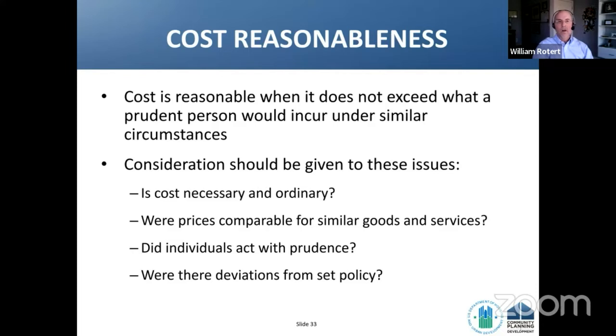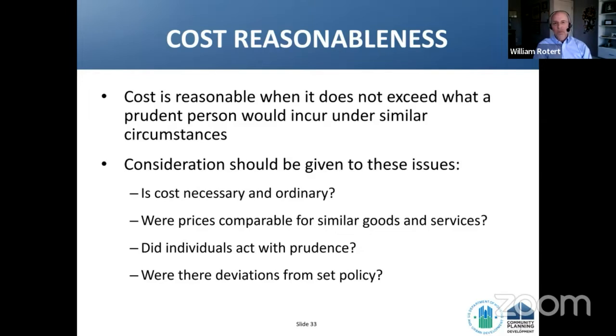So what do we mean by cost reasonableness? The rule is written in a way that is not absolute black and white. It says cost is reasonable when it does not exceed what a prudent person would incur under similar circumstances.